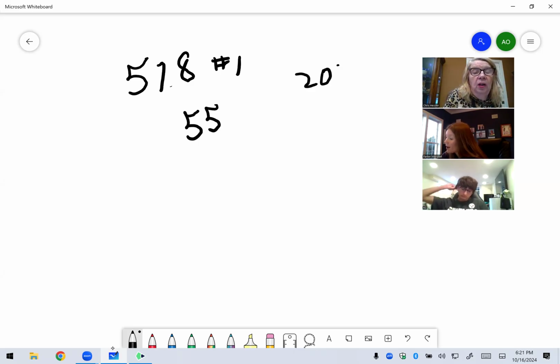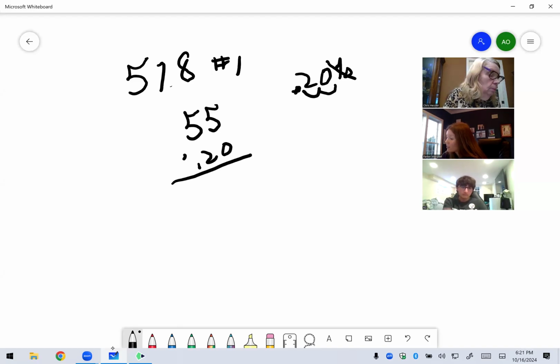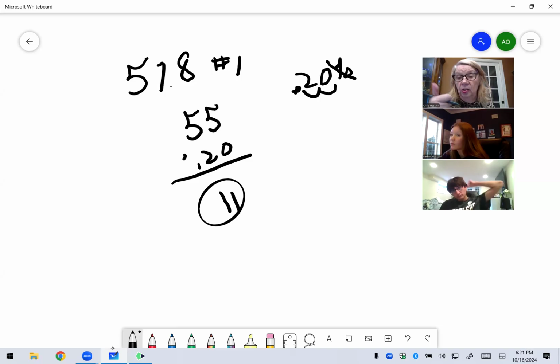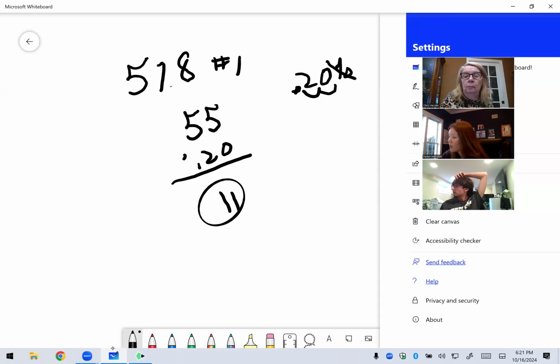So we take 20%, move it 2 over, and then we'll just get 11 kids in the program. Does that make sense, Parker and Jace? Okay, good. Let's go to another one.